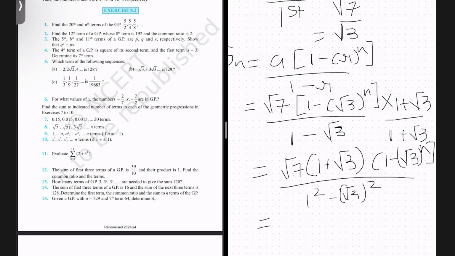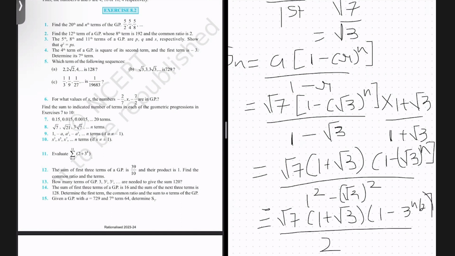Right. Now, solving this, the negative comes up here, 1 plus root 3, and in the bracket you now have 1 minus, let us express root 3 as 3 raised to the power half. So this now becomes 3 raised to the power n by 2. Correct. To simplify our doings, the denominator becomes 2, right? I've already written the negative sign that comes from 3 being subtracted from 1.